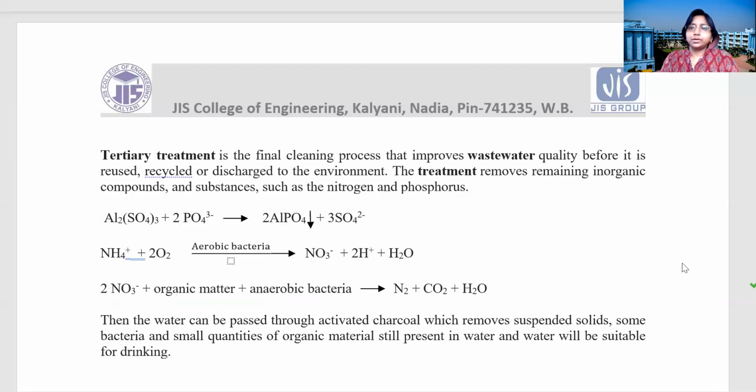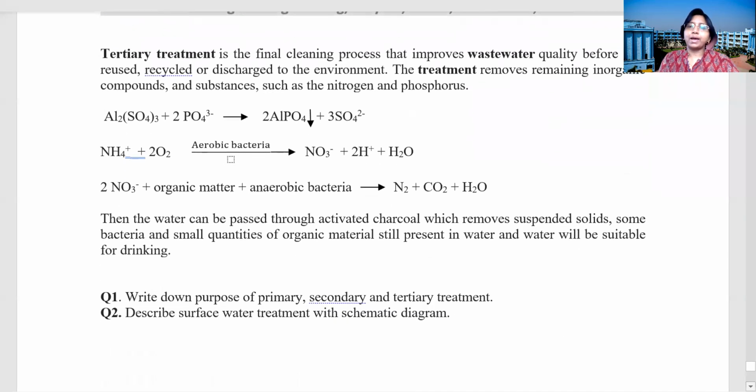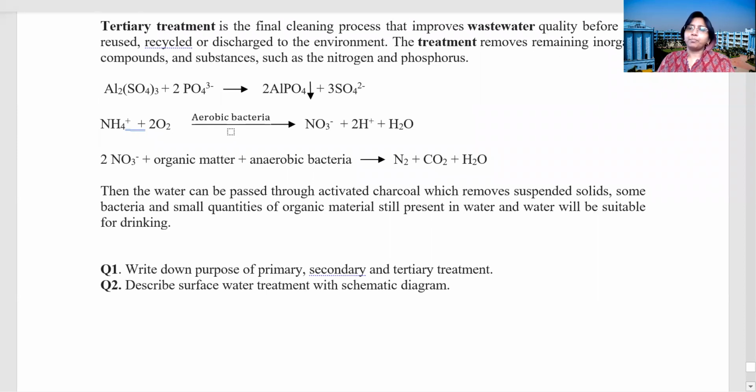Okay, so let me summarize what you have learned today. Number one, the primary treatment and schematic diagram. Next is the secondary treatment, where there are different procedures like the rotating biological disc or trickling filter.